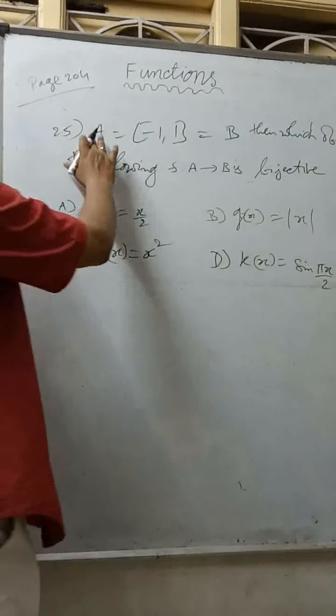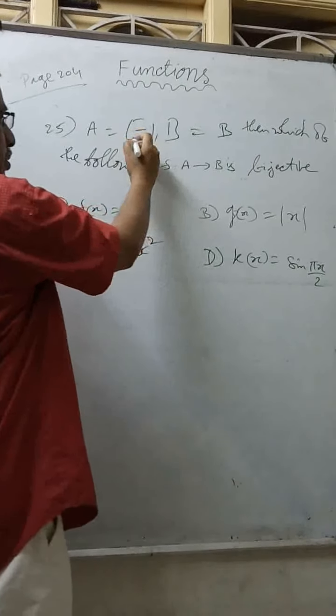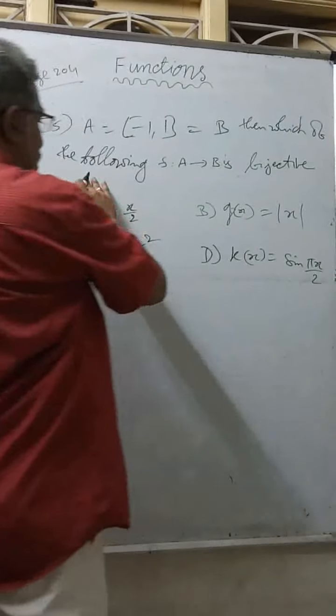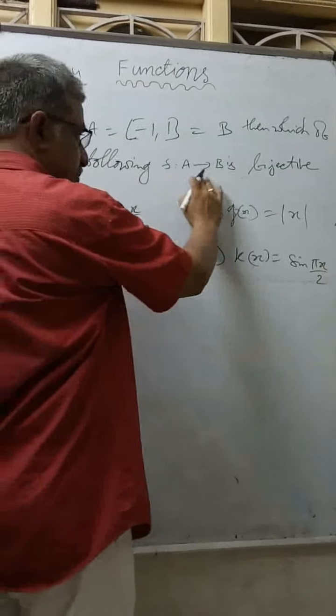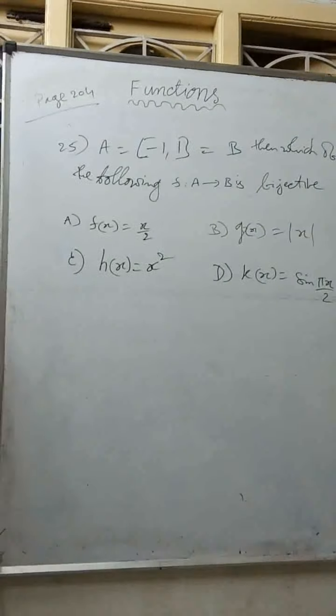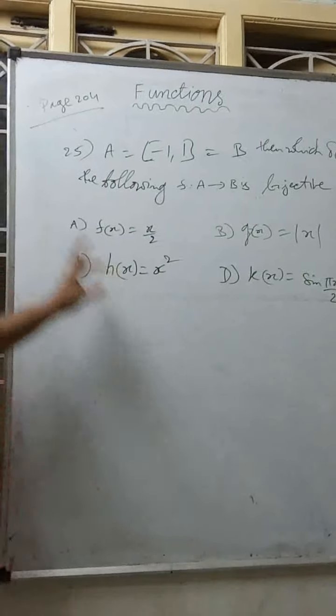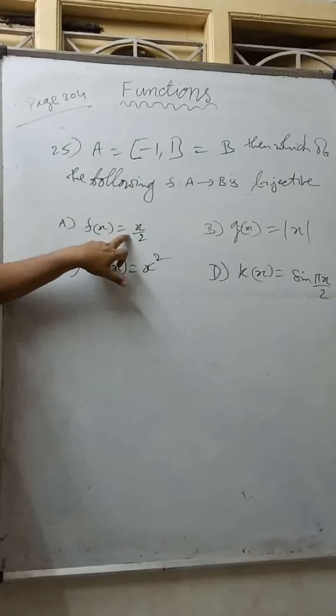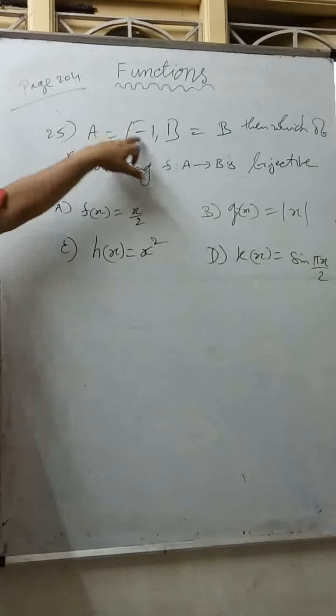If A is the closed interval minus 1 to plus 1 and B is the same, which of the following functions from A to B is bijective is what is being asked. There are 4 functions. Here x1 and x2 belong to minus 1 to 1.